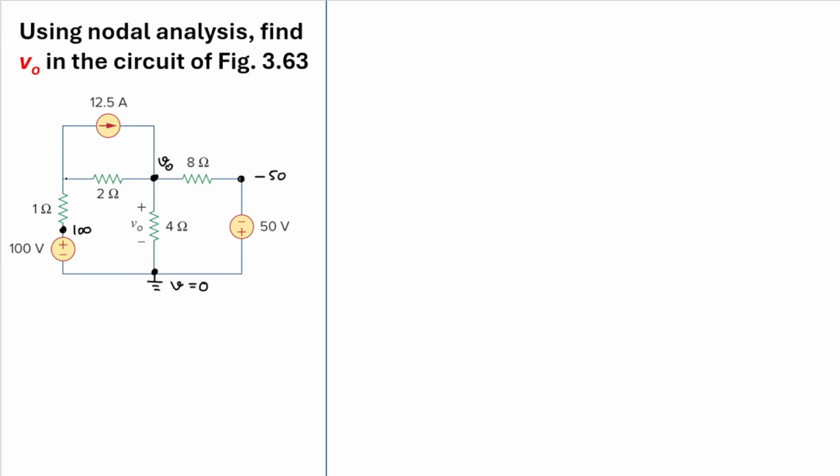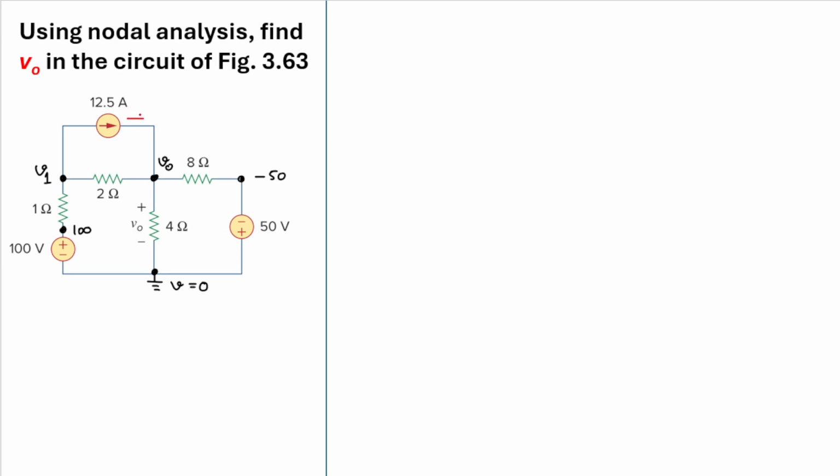And we have some unknown nodes here. Because this is V0, let's name this one V1. Good. Now what we need to do is assume the direction of the current. The easiest one is this current here, because the arrow goes to the right, so we just follow it.